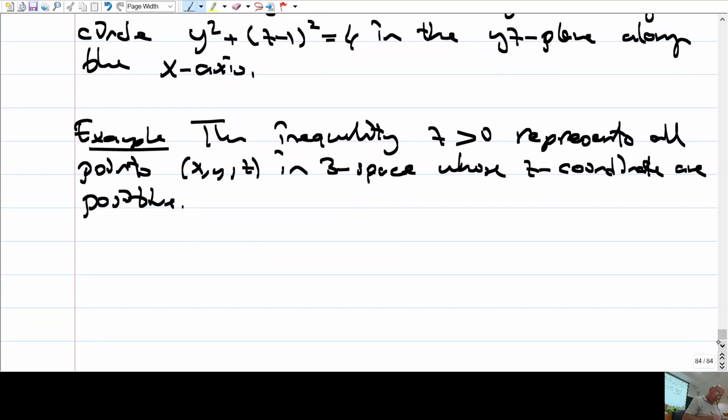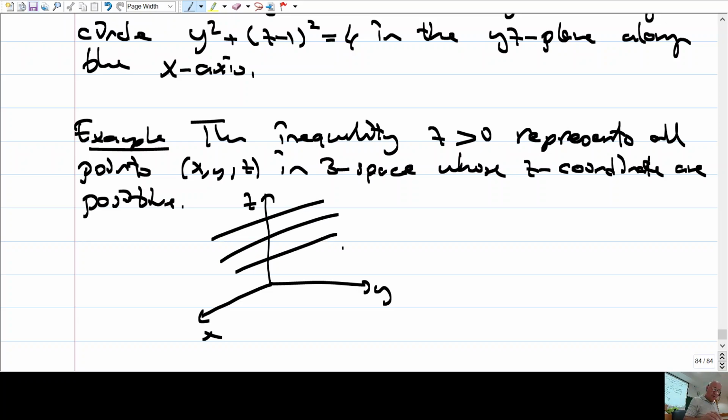So what is this? It represents all the points in the X, Y, Z space which lie above the XY plane, so that the Z coordinates are always positive. So it is just the set of points above the XY plane. Okay?